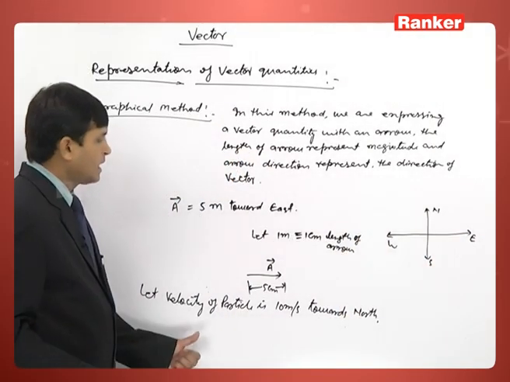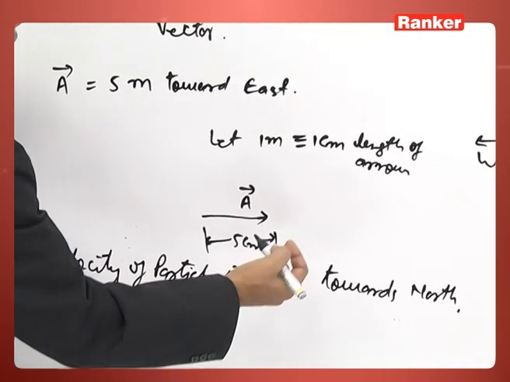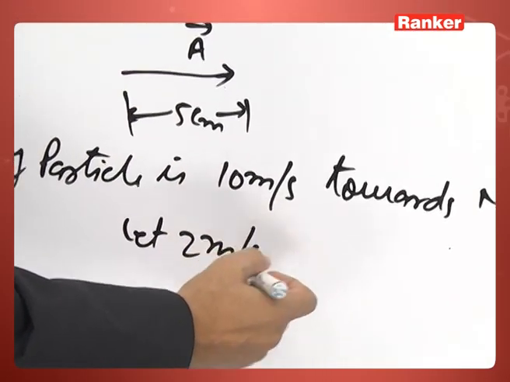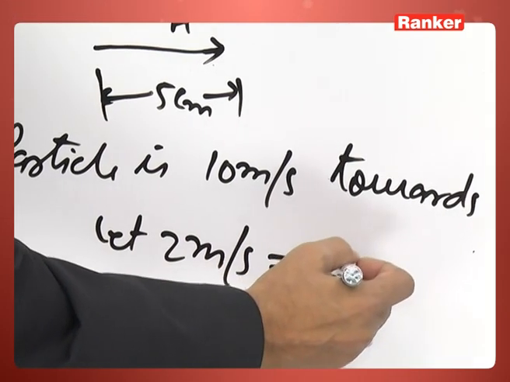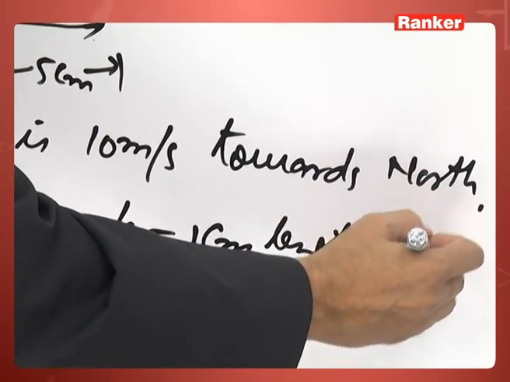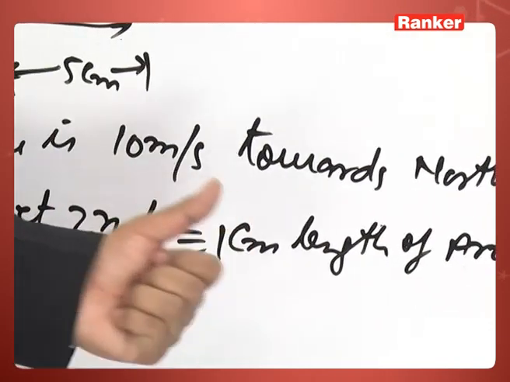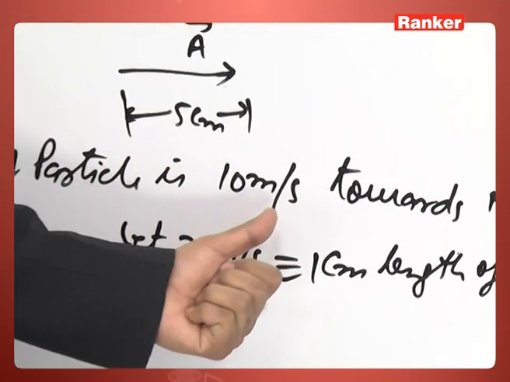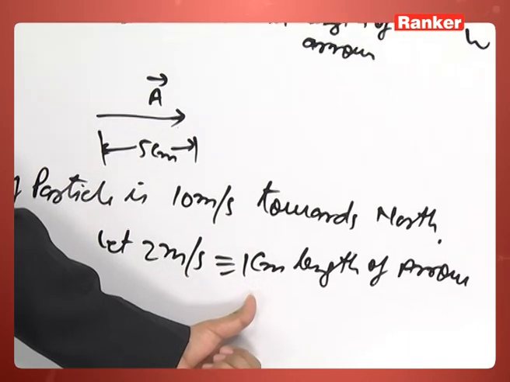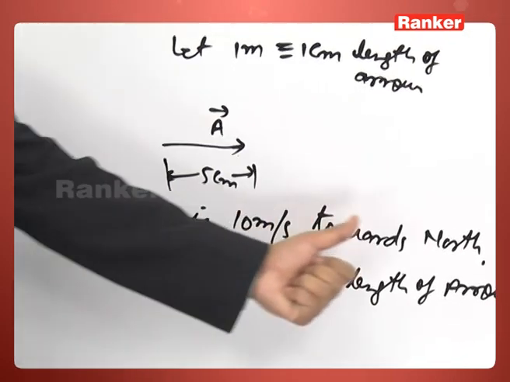Again we first take an assumption: let 2 meter per second be equivalent to 1 centimeter length of arrow. Since the velocity given is 10 meter per second, the length of the arrow should be 5 centimeter, and the velocity is along the north direction.